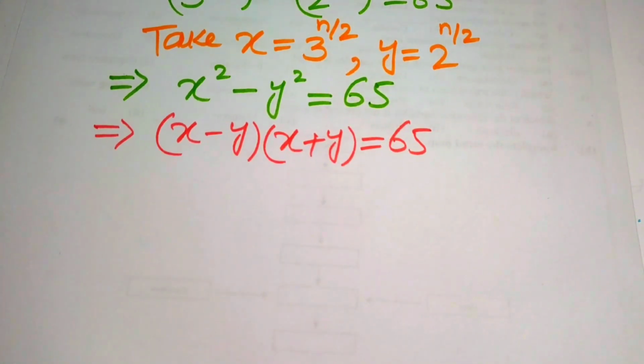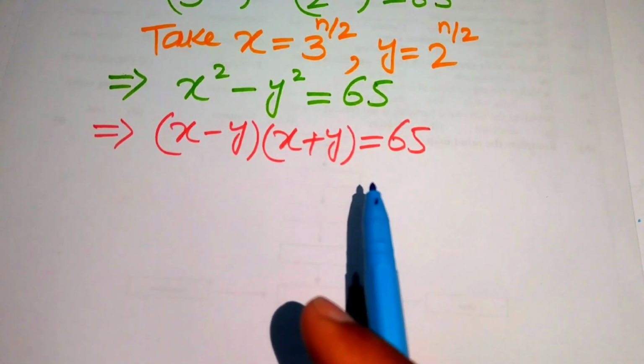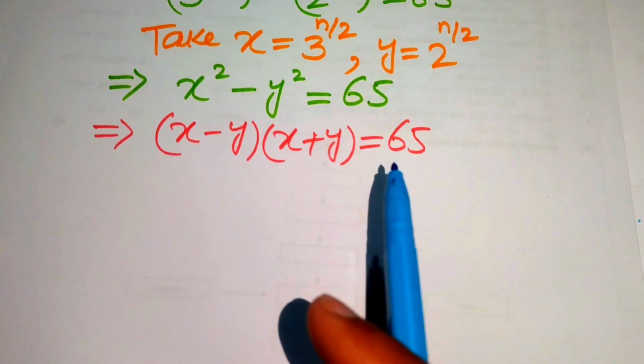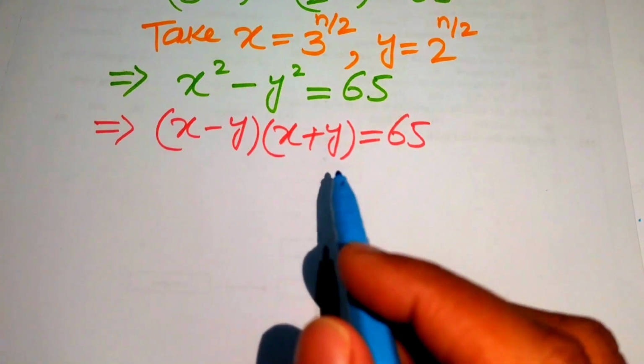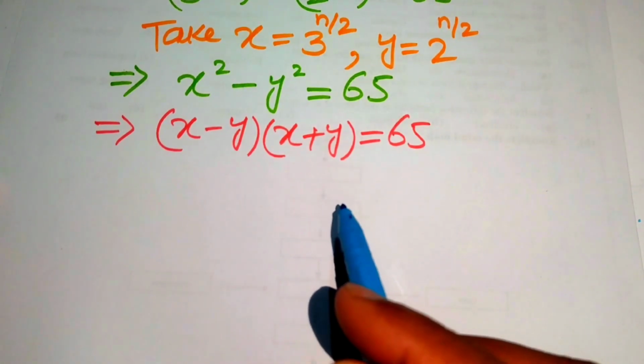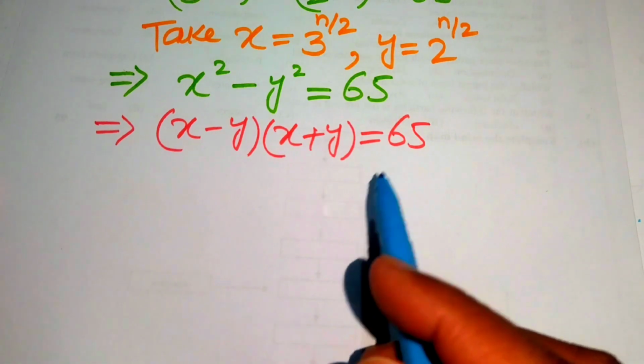The left hand side becomes the product of two factors, and its right hand side has only one factor, which is 65. So now we first find the factors of 65, or we make 65 as the product of two numbers, so that we find the possibilities in which you get 65.